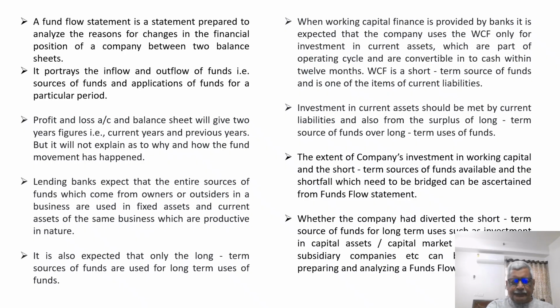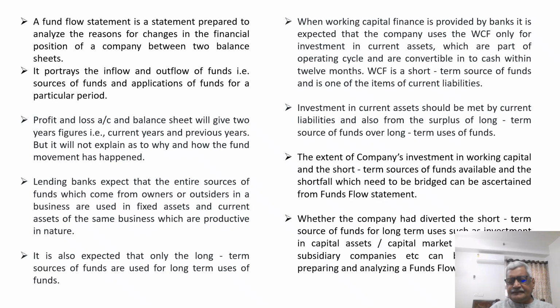Lending banks expect that the entire source of funds which comes from owners or outsiders in a business is used in fixed assets and current assets of the same business which are productive in nature. It is also expected that only the long-term sources of funds are used for long-term uses of funds.